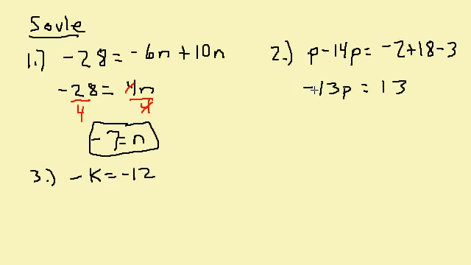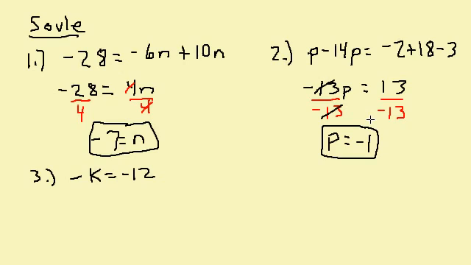Then we want to get rid of the negative 13 in front of the p, so we're going to divide by negative 13. So we need to divide the other side by negative 13, and this cancels out the negative 13's, so we're left with p equals negative 1.